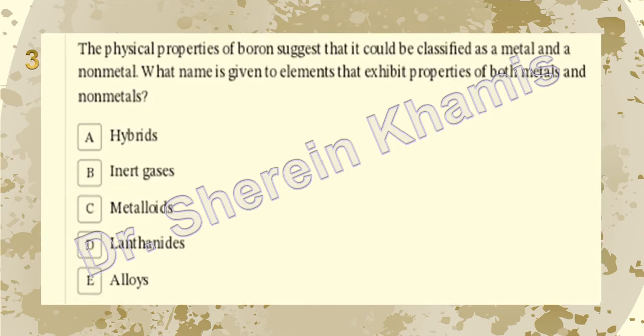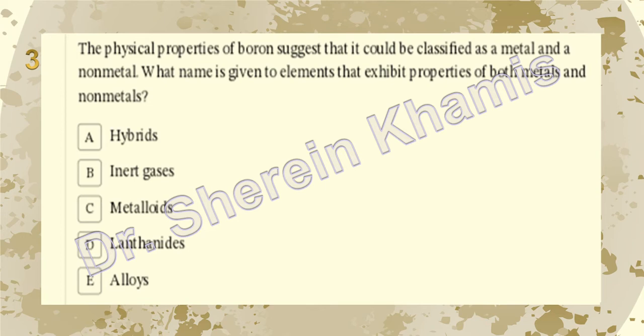Question number 3 says that the physical properties of boron suggest that it could be classified as a metal and a non-metal. What name is given to elements that exhibit properties of both metals and non-metals? In the previous year, or from fourth primary, we classified elements into metals and non-metals. This year we classify elements into 4 groups.